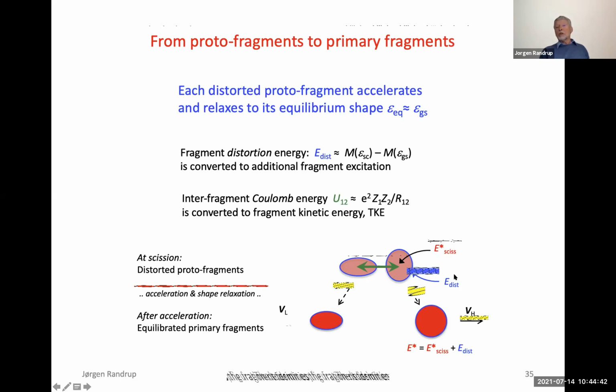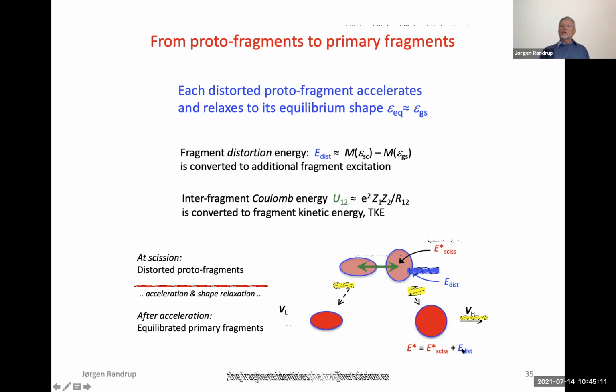So this distortion energy is turned into additional excitation energy. So the total excitation energy is what it was at scission plus what you have gained from the relaxation of the shape. This is important, and you can understand then that if you can somehow measure the excitation energy of the fragments, you can learn something about how distorted they were and how much excitation they had.